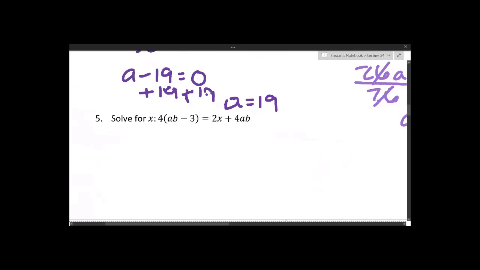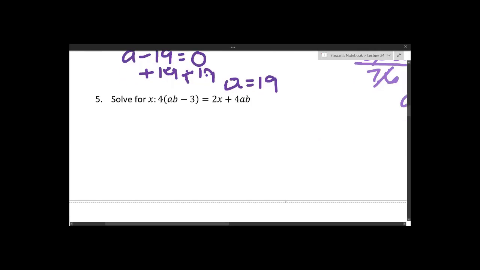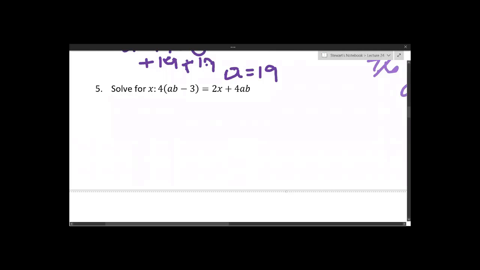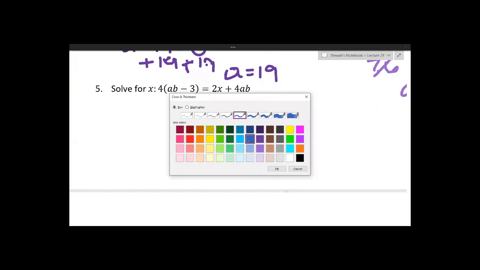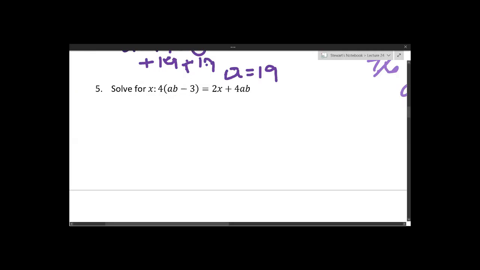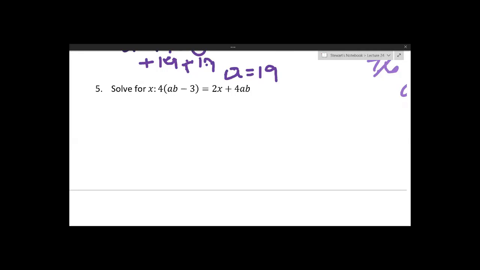Now we have to solve for x. We have 4 times the quantity ab minus 3 is equal to 2x plus 4ab.